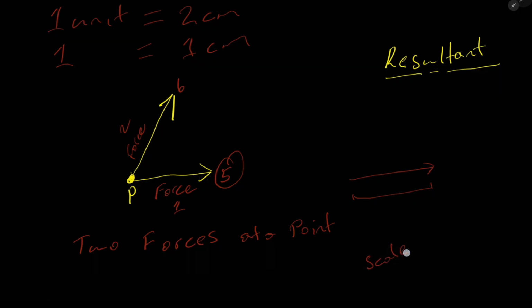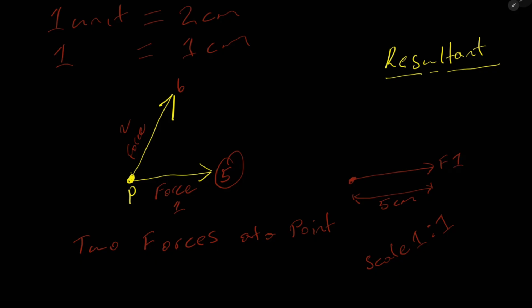From here to here is 5, because we're using a scale of 1 to 1, to make things simple. So this is now 5 centimeters. We have our force there. This is F1.